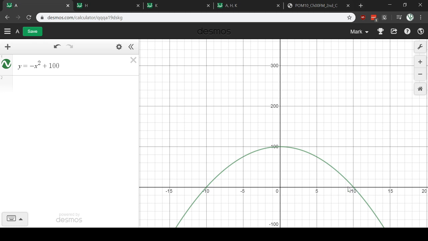Compress that graph, so we'd actually be compressing the graph wider. A value. And then the final part, for what values of x is each valid? Well, the 10 and the second one.